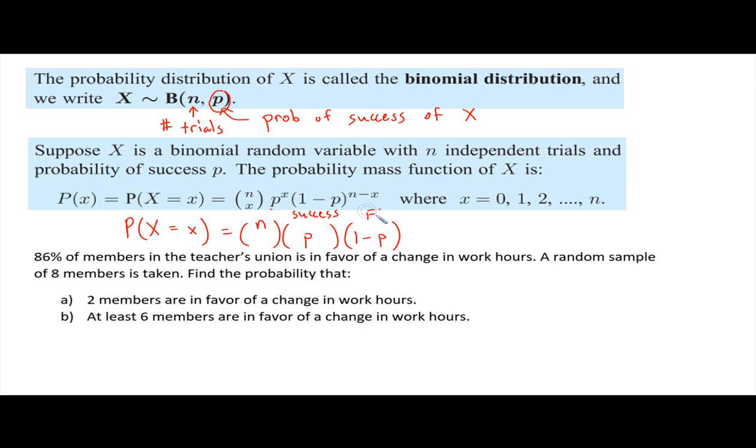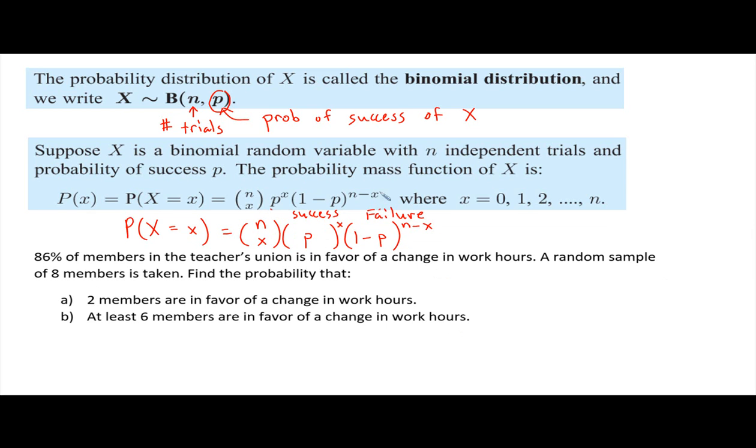This over here represents failure, you don't get what you were looking for. Whatever the exponent of success is, we'll just say it's x. These two exponents always have to add up to the number of trials, so this would be n minus x.